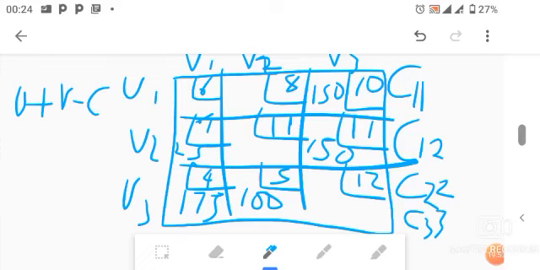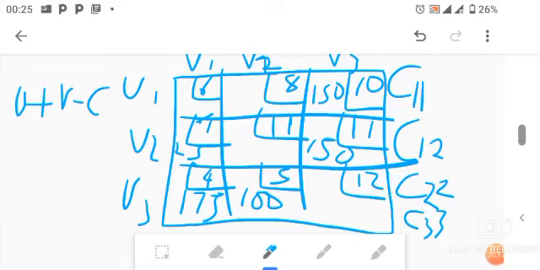We use this formula when testing whether a given initial feasible solution is optimal. We use u plus v minus c for the unallocated boxes that you have just highlighted, which were 4 of them. For this unallocated box, what was its u value? It was u1.